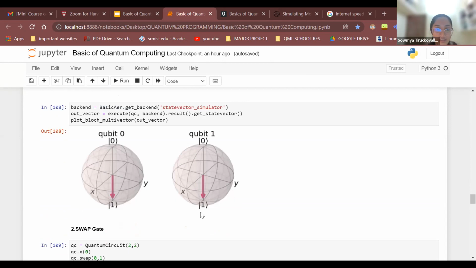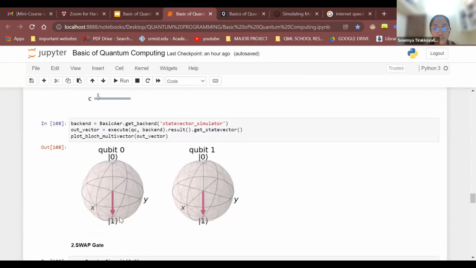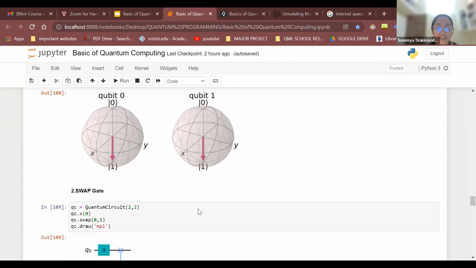So initially, qubit 0 was in state 1, and qubit 1 was in state 0. So after applying the CNOT gate, qubit 1 flips to state 1 because qubit 0 is in state 1.